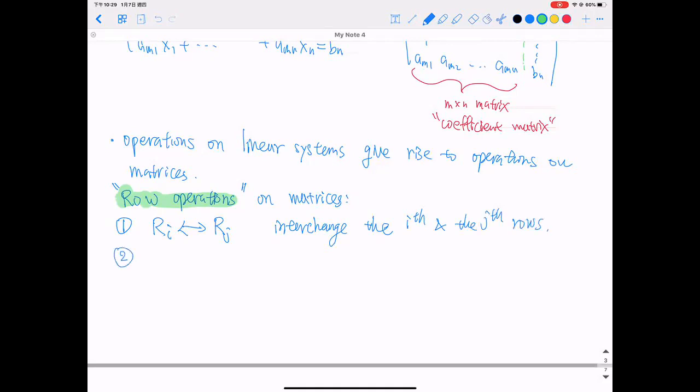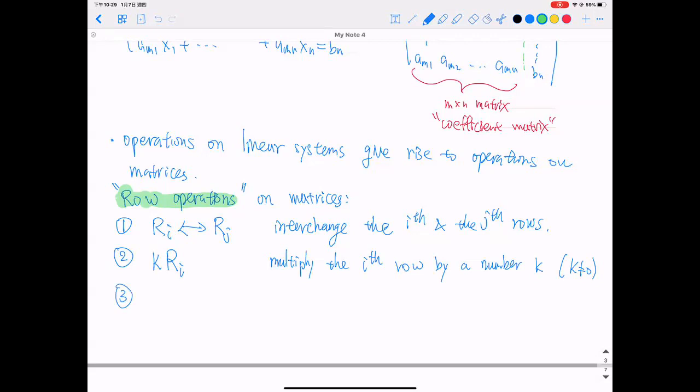We can also take the ith row and multiply it by a number k, and we insist that k is not 0.